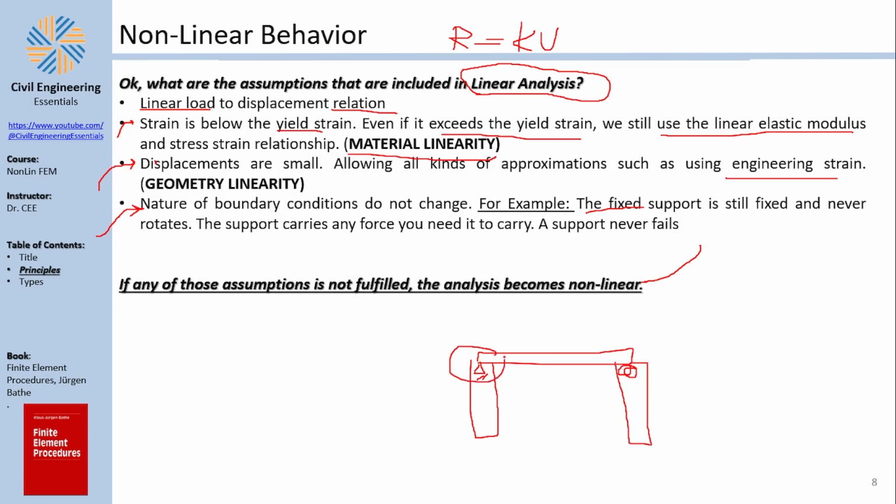And this column doesn't have an infinite stiffness. This column has a stiffness, and even the column itself is nonlinear, so if you apply extra loads, you might get nonlinear behavior from the support. All of this is not included in the linear analysis. The support can carry any force you need it to carry. The support basically never fails. If any of those assumptions is not fulfilled, then the analysis becomes nonlinear.